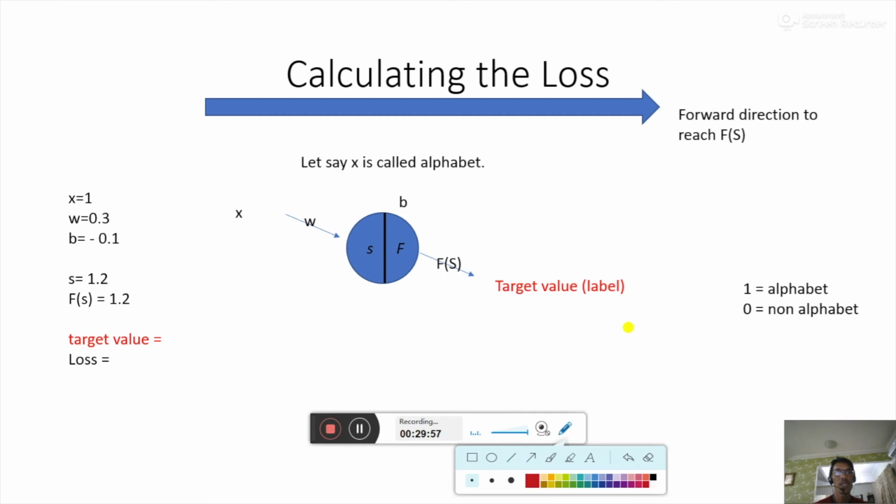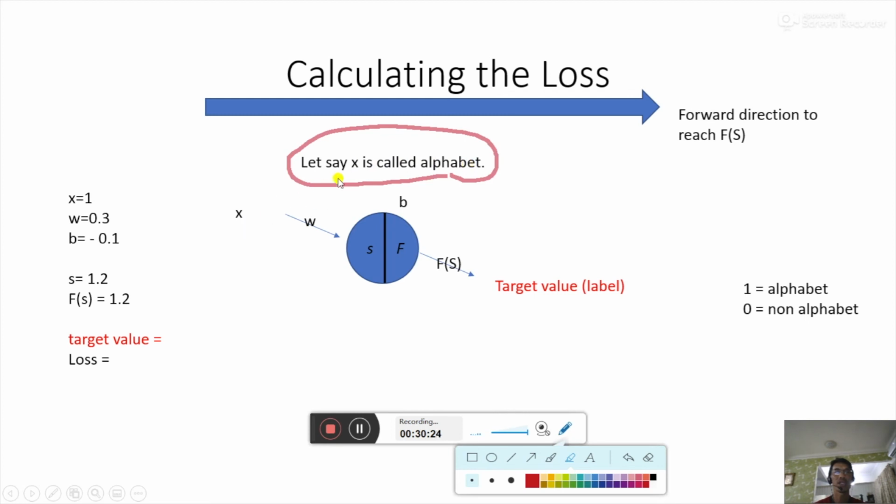Now let's see another example. It's the same as just now, but the most important thing is, let's say x is called alphabet. Let's say this is a statement that x is an alphabet.